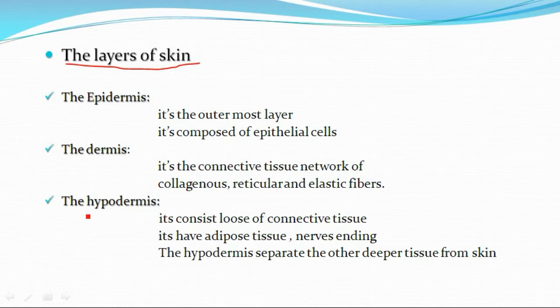And also the hypodermis. The hypodermis consists of loose connective tissue, and it also has adipose tissue. Adipose tissue connects the parts of the body and stores fat in the inner skin. It also has nerve endings, meaning a sensory system.